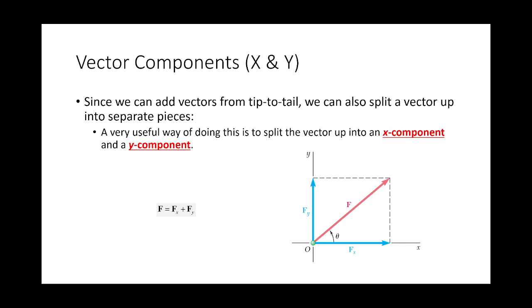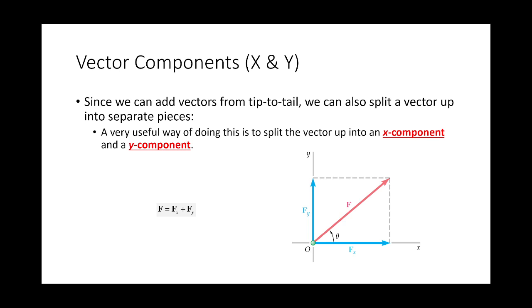So if I have some arbitrary vector f, I can express it as the sum of f sub x and f sub y. Remember, vector addition follows that tip to tail fashion, and the order doesn't matter. If I look at vector f, I can start here, go over vector x, up vector y, and that's the same thing as traversing my original vector. It's the same the other way around: I can go up vector y, over vector x. So it follows that tip to tail parallelogram fashion of adding vectors.